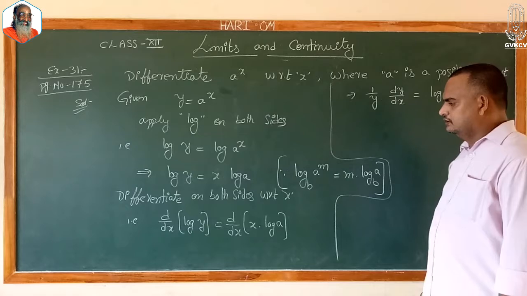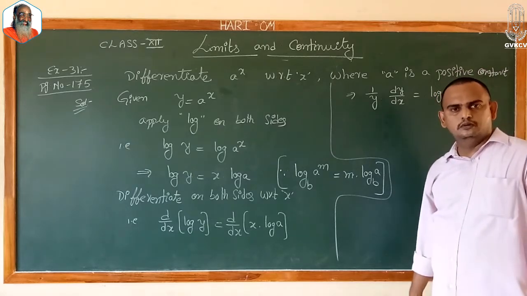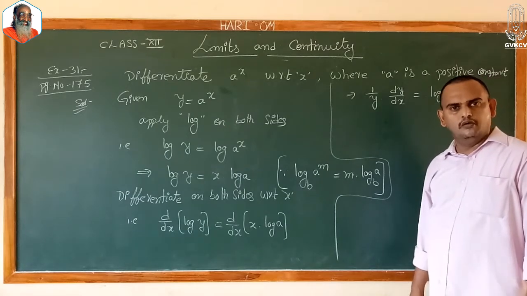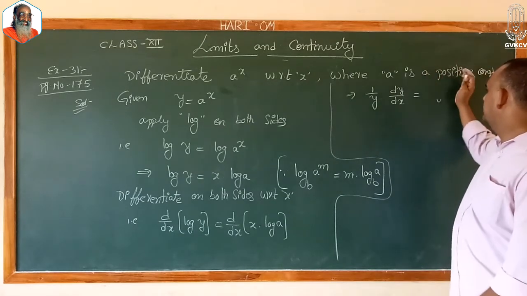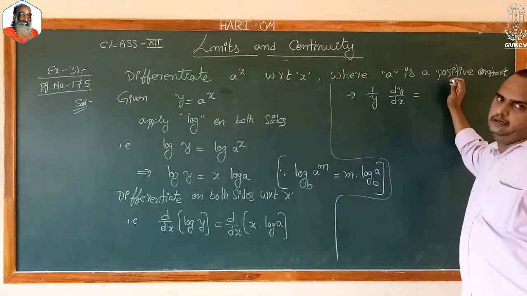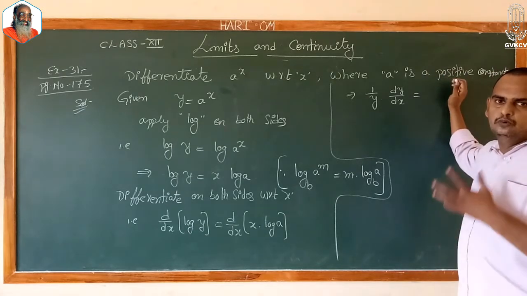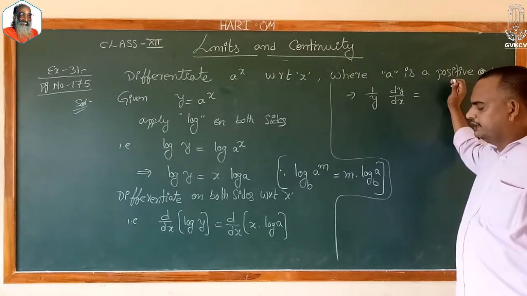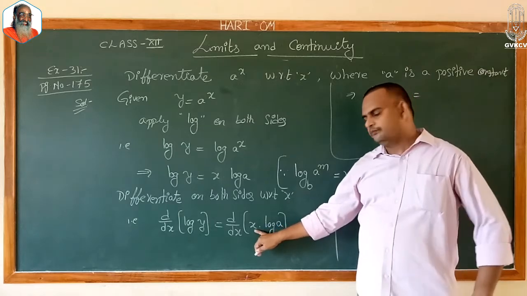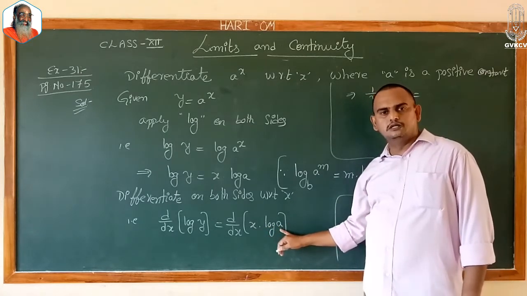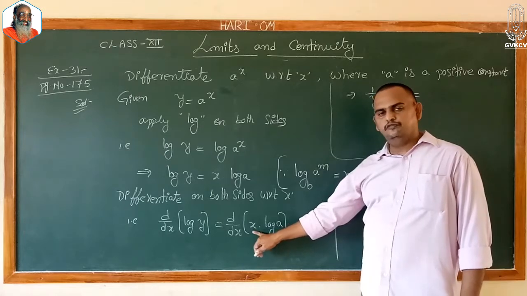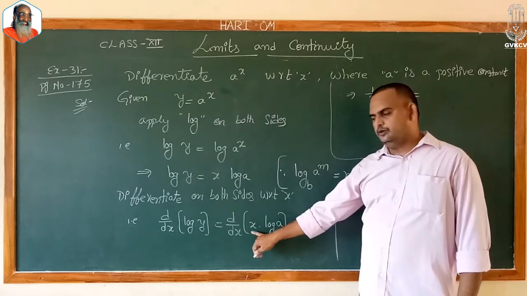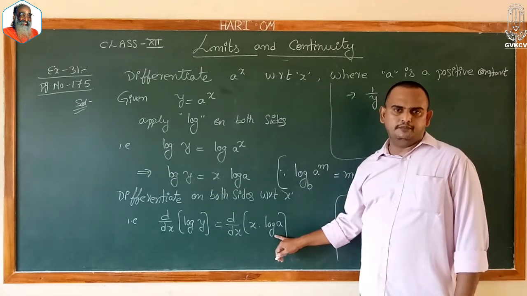And x is nothing but a variable. Otherwise, we can go for the UV method. Even when we apply the UV method, x is a function, and log a is also a function. One is in the form of u and the other in the form of v.